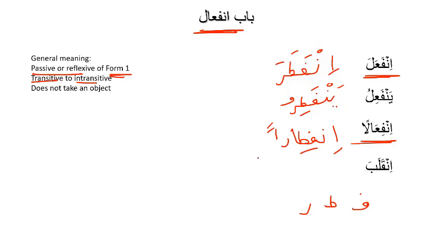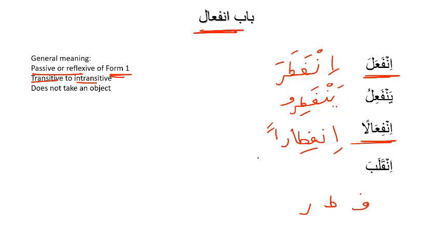So for example, I might cause a rock to split. That would be transitive, where I'm causing something else to happen. Intransitive is where the action is happening to the entity itself.